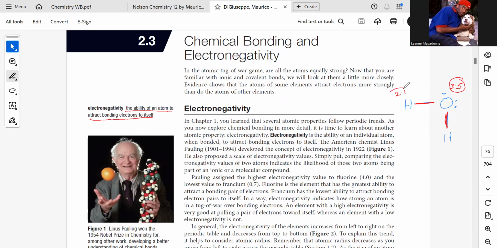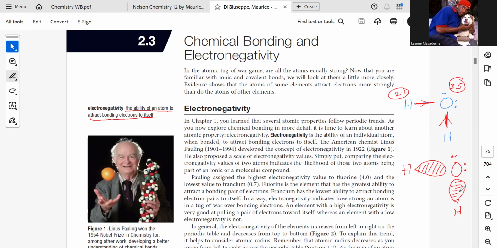Oxygen has an electronegativity of 3.5 and hydrogen has 2.1, so oxygen has more ability to attract the electrons. The electron cloud is more towards oxygen, or the shared pair spends more time with oxygen than with hydrogen.